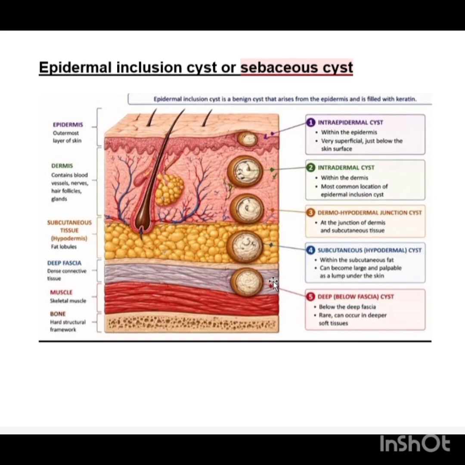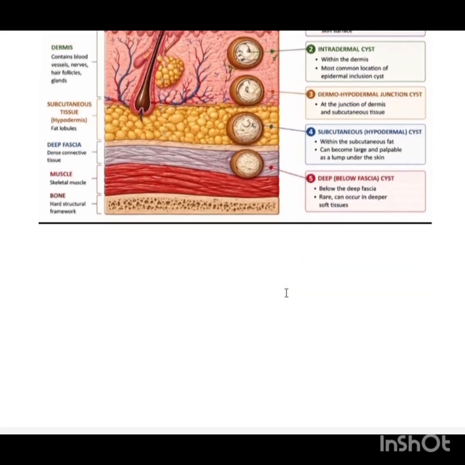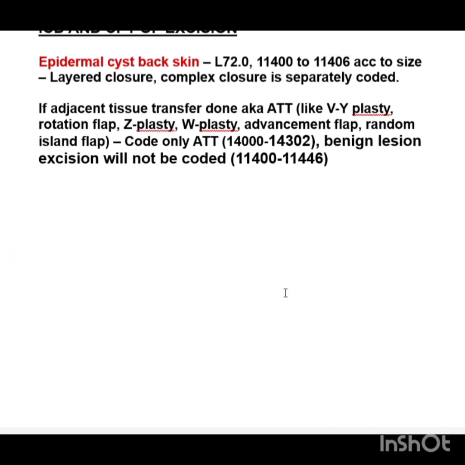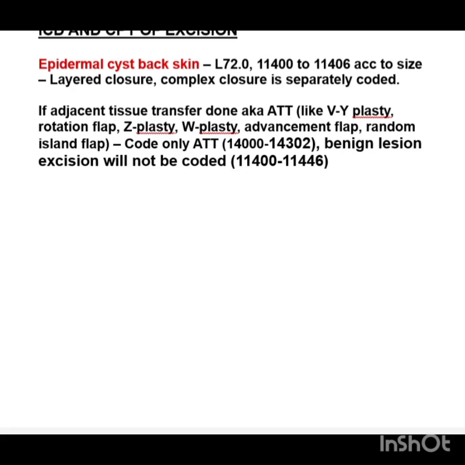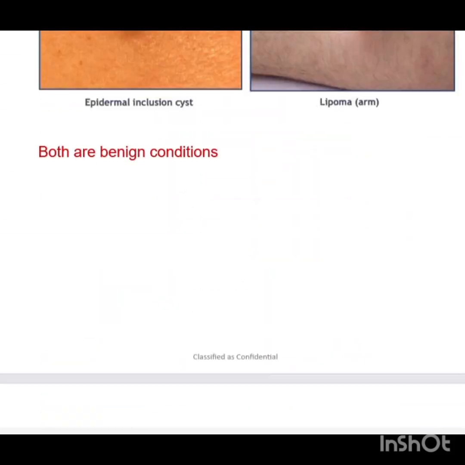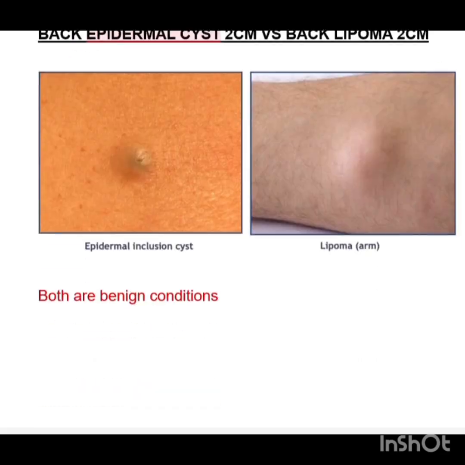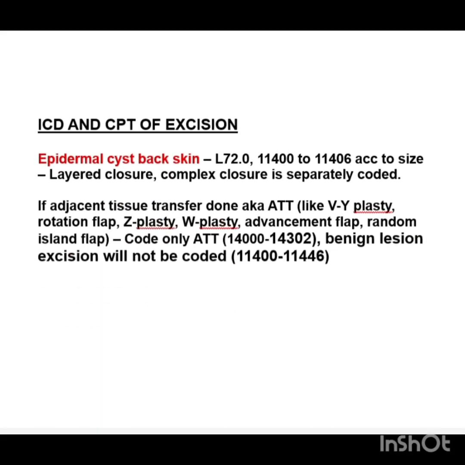Now, for example, we take it like this. We had a back epidermal cyst of 2 centimeters, and a back lipoma of 2 centimeters. If we consider that there is an epidermal cyst and the size is 2 centimeters, we will code the epidermoid cyst as L72.0, and CPT will be coded from this range according to the size.